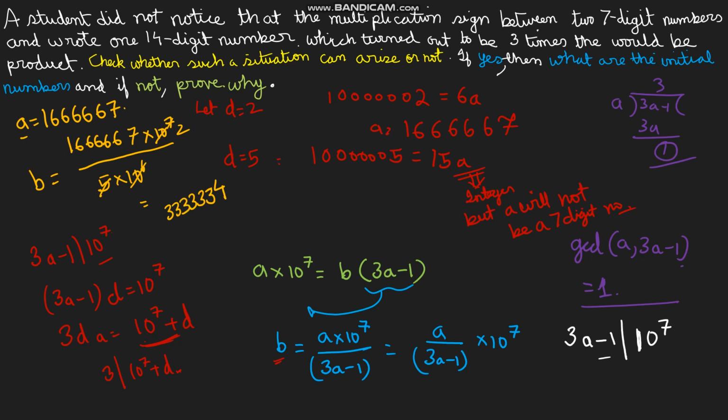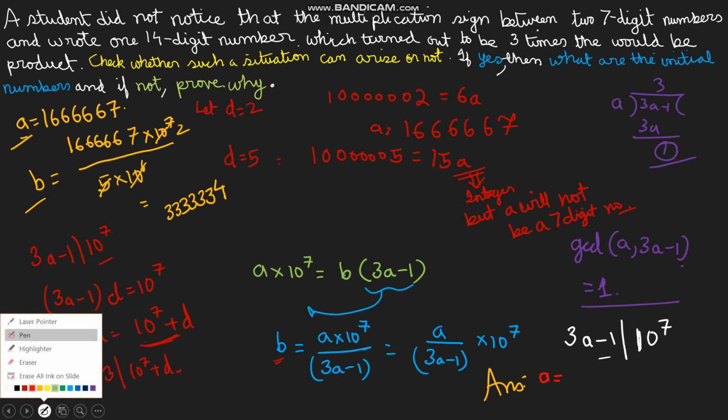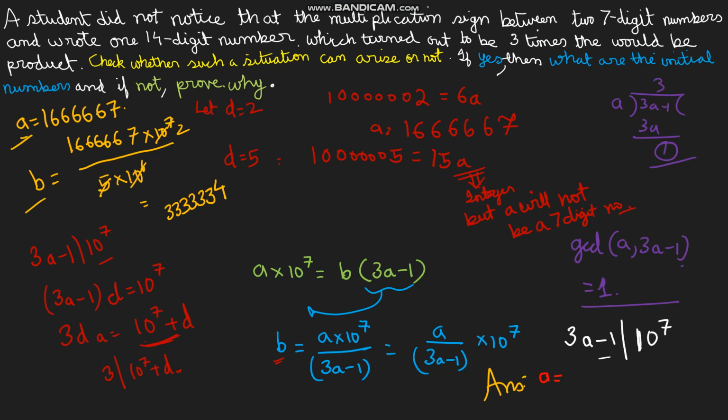So our numbers are this and this. Answers, whatever, I can write the answer. So our answer, we have got this A equals to, okay, let me change my color for the last time. So what I've got, A equals 1, then 5 sixes, then a 7.